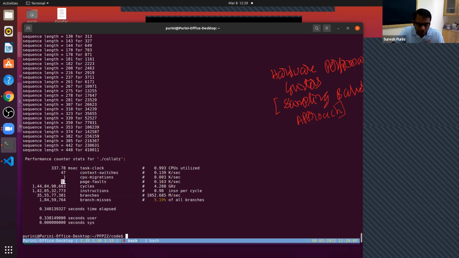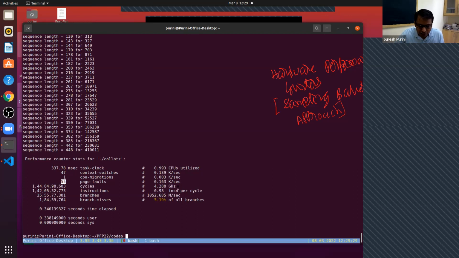And then the number of page faults. If you're working with programs which are IO intensive, the number of page faults could be high. Or if the working set size of your program is much larger than the available memory, then the number of page faults will also go up. You can see many other statistics here.